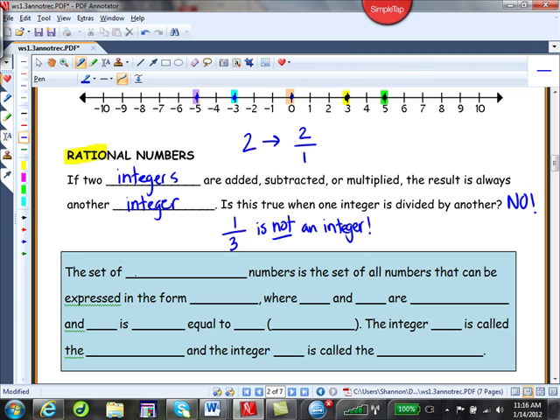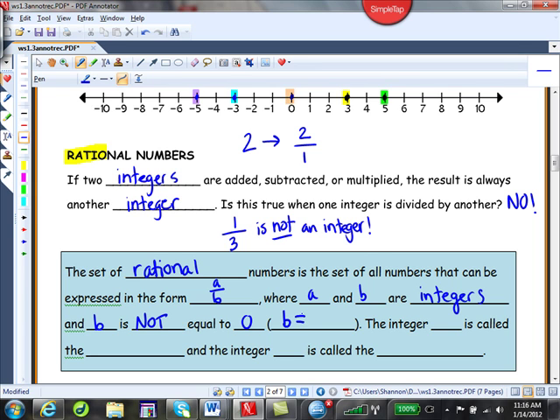So therefore, the set of rational numbers is the set of all numbers that can be expressed in the form a over b, where a and b are integers, and b is not equal to 0.